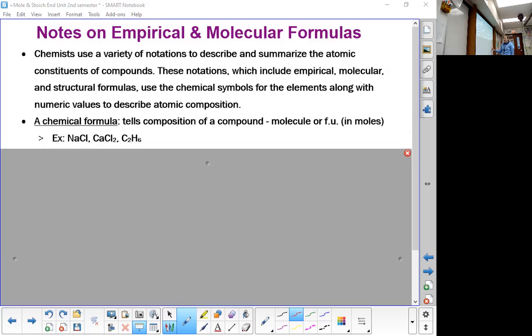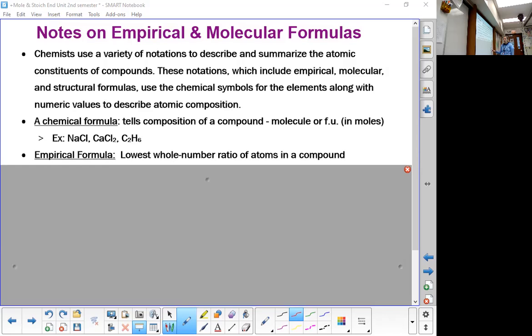So there is just the normal chemical formula, and that's going to tell you the composition. You've seen these: sodium chloride, calcium chloride. We've got ethane there, C2H6. That's your molecular formula unit, and it's a ratio there.